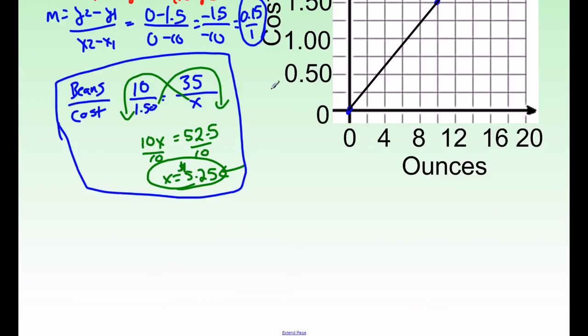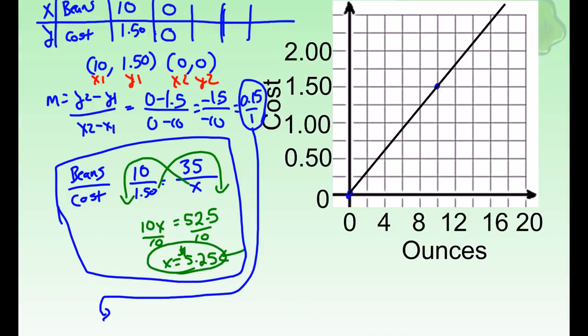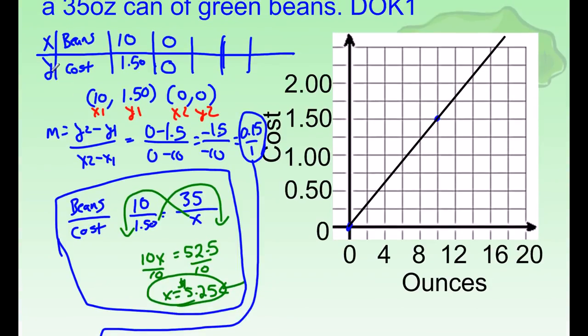As I was mentioning before, this is a unit rate, meaning for every dollar you spend, you get 0.15 ounces of green beans. Let me rephrase that because the top variable here is the cost, the dollars. So for every ounce, it's 0.15 dollars. So 1 ounce costs you 15 cents.